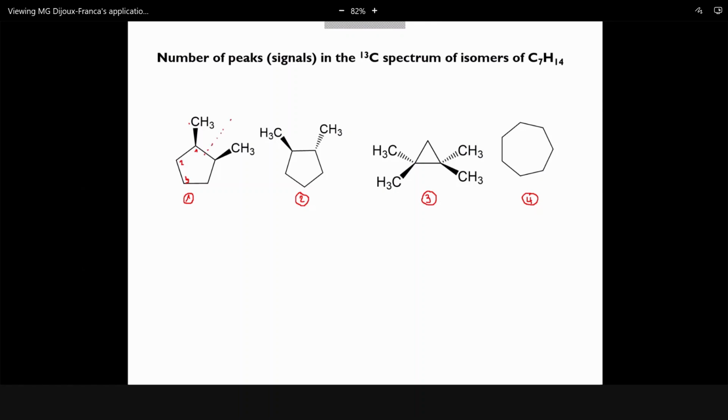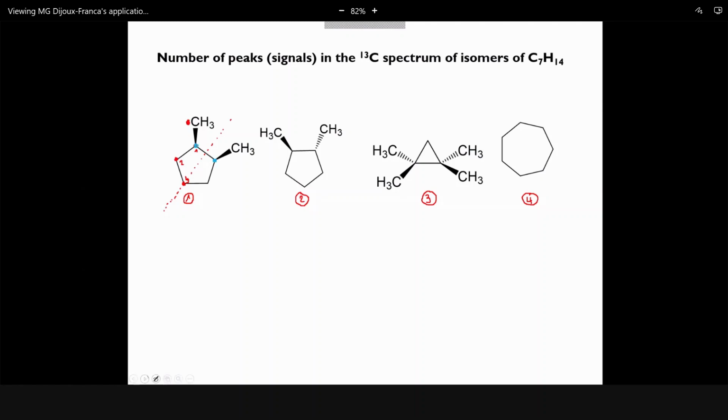Okay, we have a plane of symmetry here. It's just like a mirror. So we should have a signal for the methyl, a signal for this carbon, a signal for that one, and a signal for this. So in total, 4 different signals. Okay, for everyone? These two are equivalent.